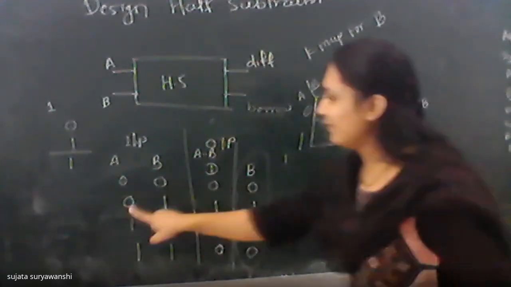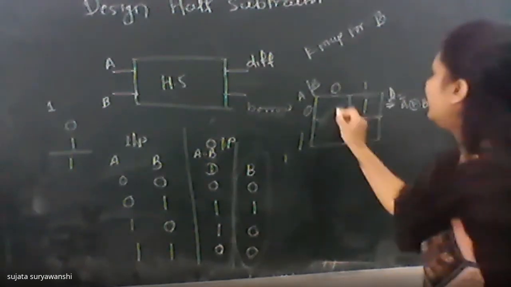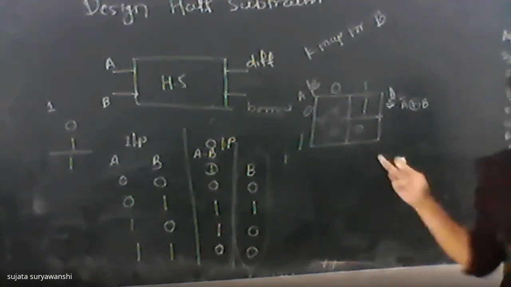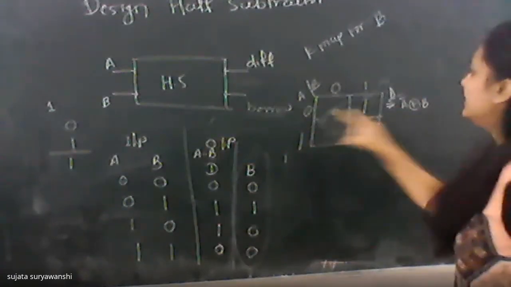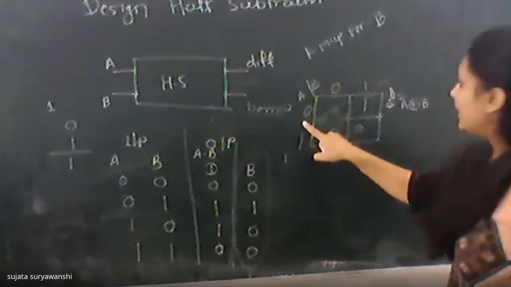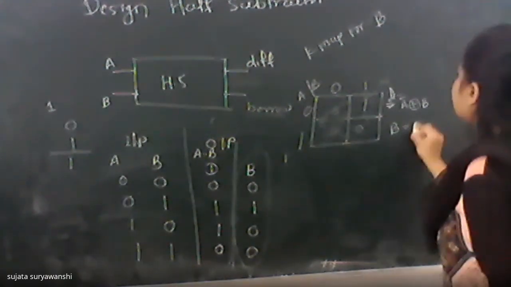So write down 1 for 0, 1 and for the remaining cases either you can write 0 or don't write anything because we are considering only the 1s present in your K-map. So write down the equation. What is the equation? A is 0 there, so A complement. Okay, A complement B, means equation of borrow is equal to A complement B.